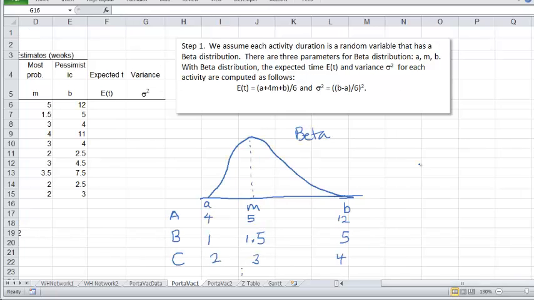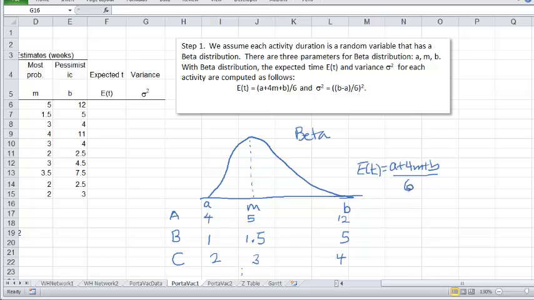Now what we'll do is we will use these formulas to get the expected time and the variance for each activity. So the expected time for the activity is A plus 4M plus B, divided by 6.